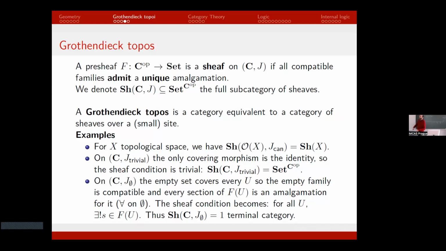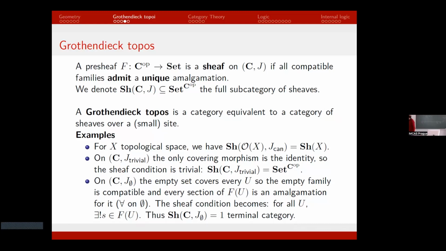So pre-sheaves are also a Grothendieck topos. And in particular, this tells us also that the category of sets is a Grothendieck topos, because of course, if we take as the category C the terminal category, then pre-sheaves is isomorphic even to Set.